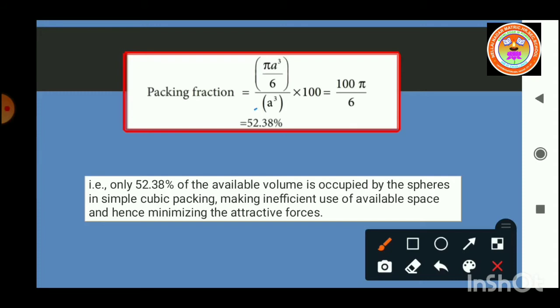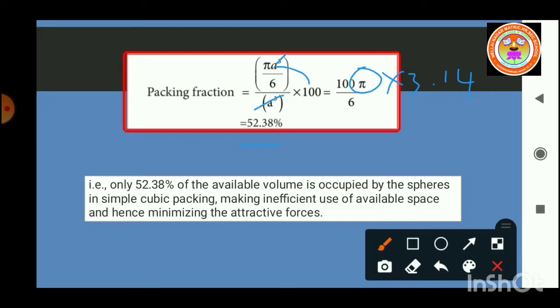Cancelling a cube with a cube, it becomes 100 into pi divided by 6. The value of pi is 3.14, so substituting, 3.14 into 100 divided by 6, that is 314 divided by 6. So the value is 52.38%. Now clear?